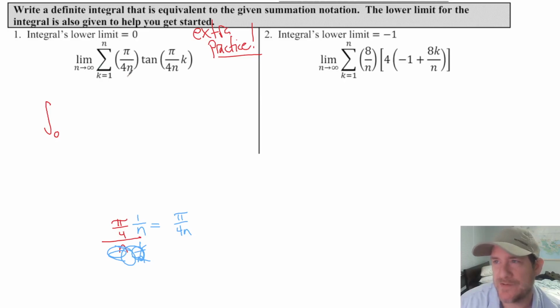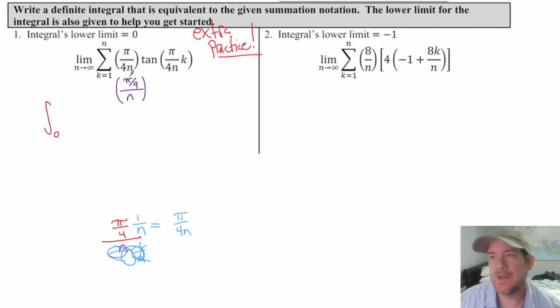So if that's written in a way that you don't particularly like, you could just reimagine this as a pi over 4 over n, and all that stuff is your delta x. So that's telling you that they want the width to be pi over 4, so your upper limit of integration has to be pi over 4. Now as we head over here, this pi over 4 over n and a k, all that stuff is sort of what we expect to see.